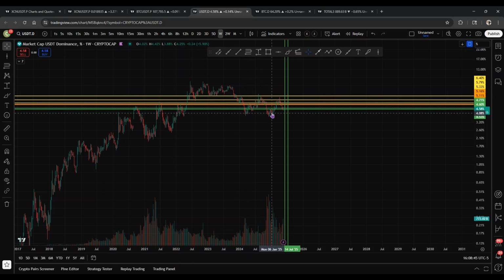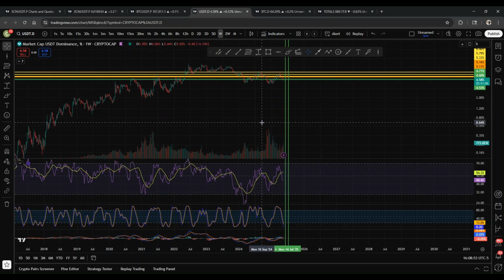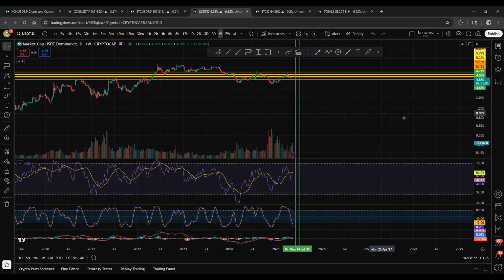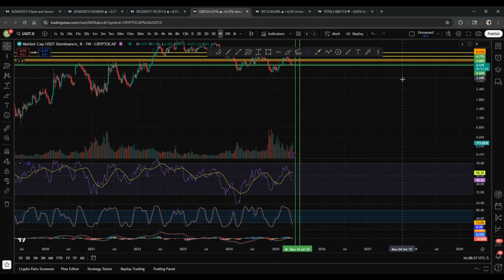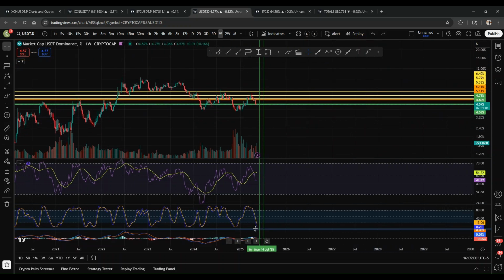We made two highs. This is much more like an equal high, but if we come right over here on the weekly, it suggests to us that RSI is oversold.